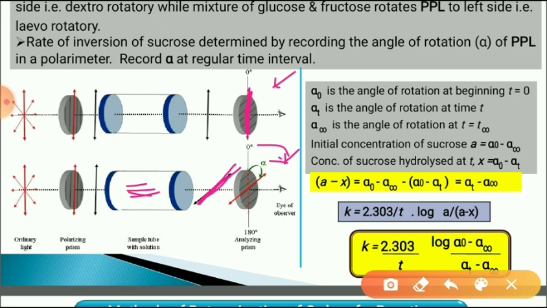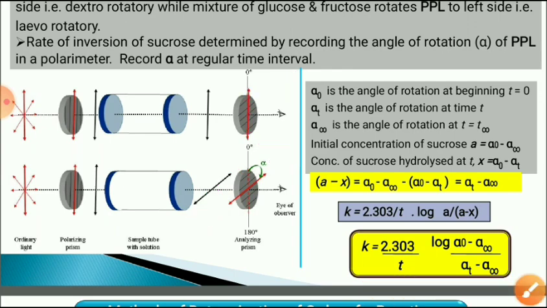But if you have the mixture of glucose and fructose, the PPL light will be rotated to the left side. That is only because of the fructose and glucose mixture. So such an angle of rotation is recorded at a regular time interval during the course of the reaction.